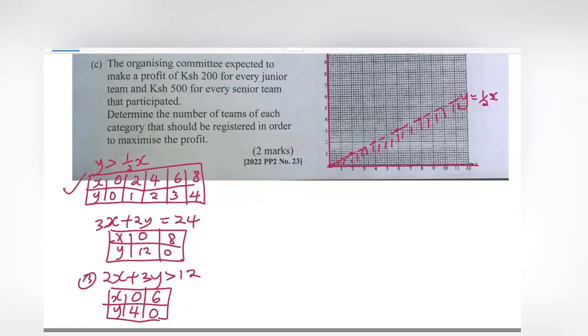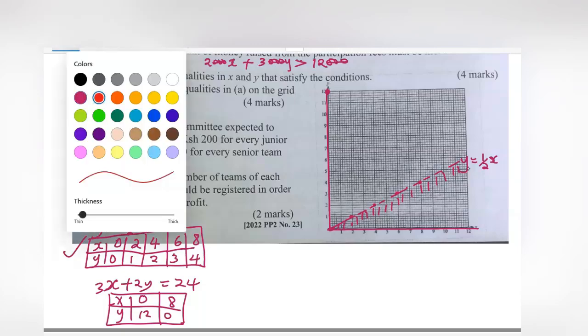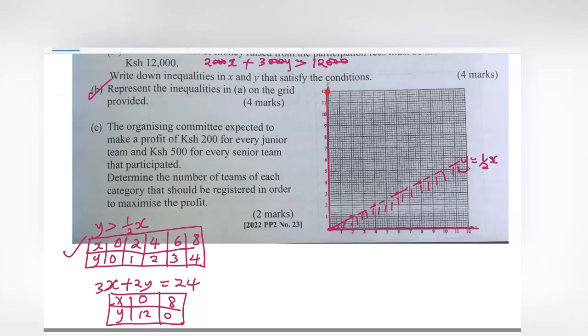For 3x plus 2y is equal to 24, when x is 0, y is 12 at this point here. We can use a different ink. And when x is 8, y is 0 at this point. Again, we are going to draw a straight line joining the 2 points.